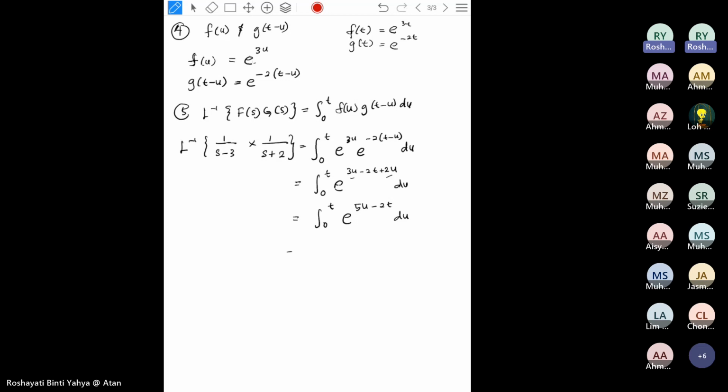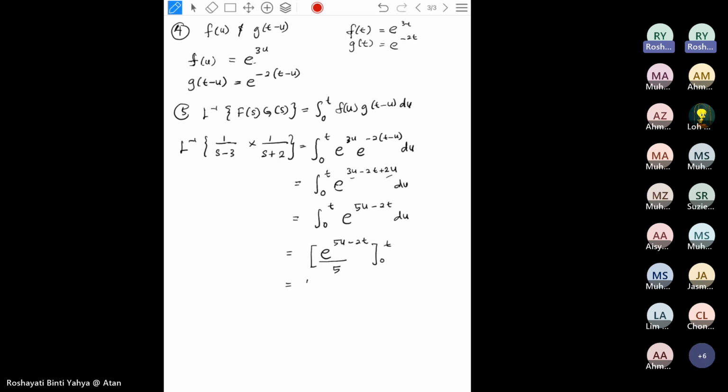So integrate exponential 5u minus 2t over 5 from 0 to t.